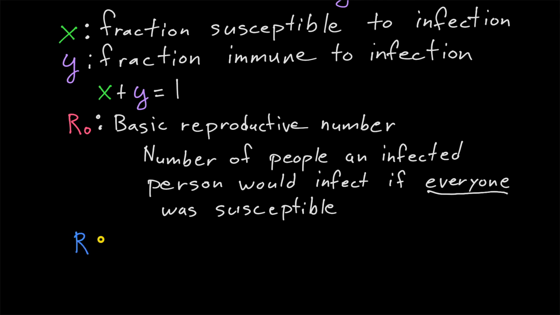Now, what is the R value? The R value stands for the effective reproductive number, as opposed to the basic reproductive number.